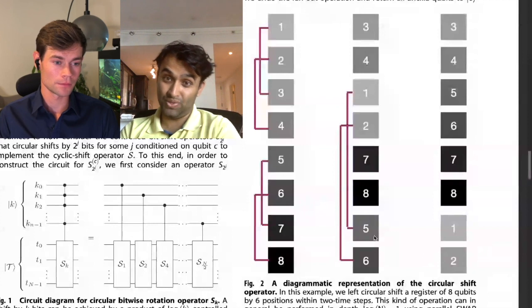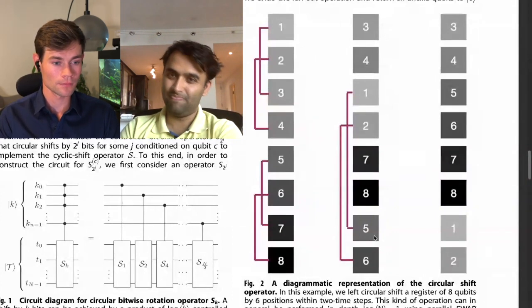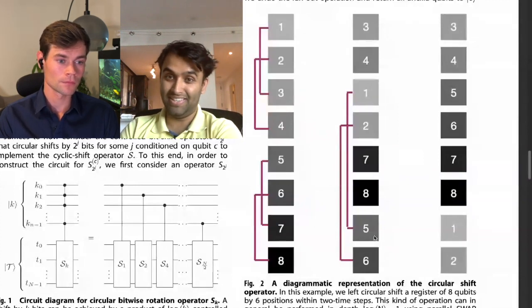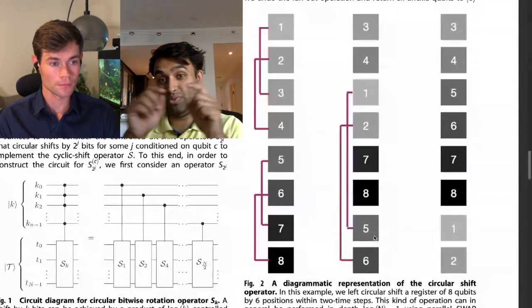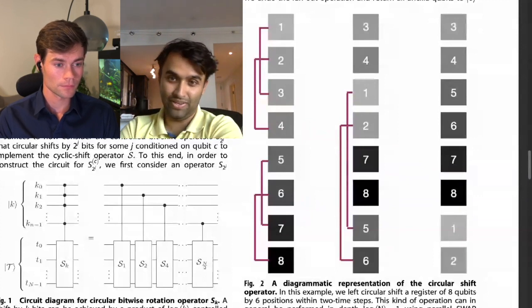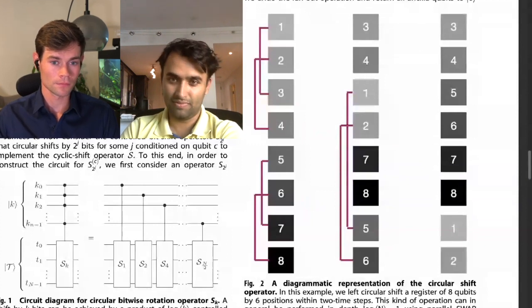A swap operation simply takes two things and switches their position, and that's relatively easy to do. You would pick out the position you're trying to swap, target it and implement this gate, and you swap it. And that's a natural operation for a quantum computer.